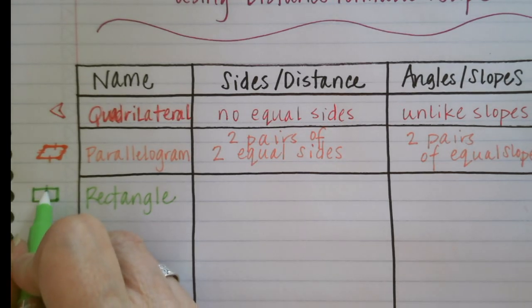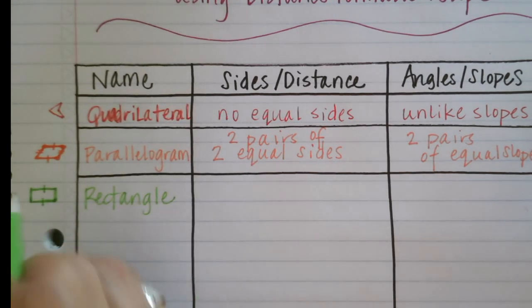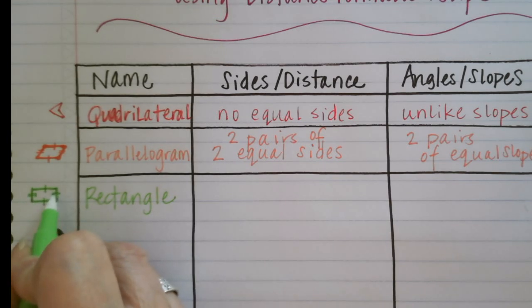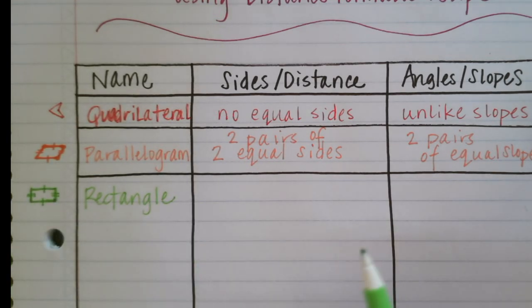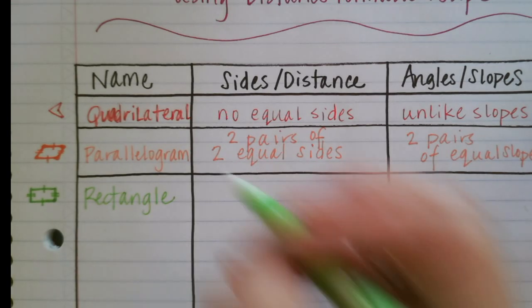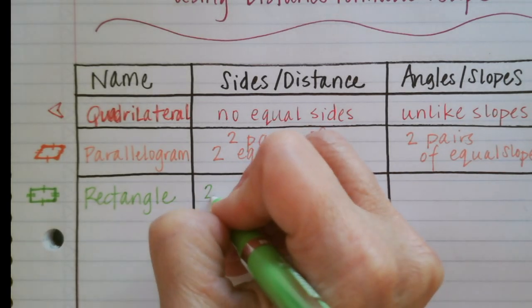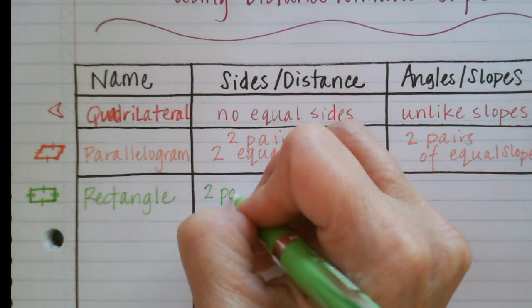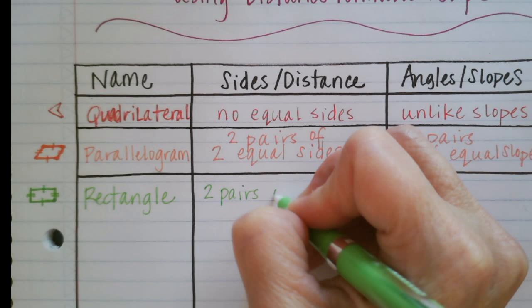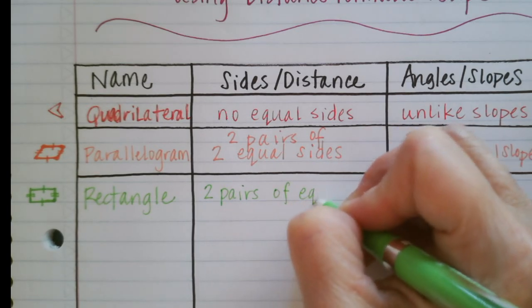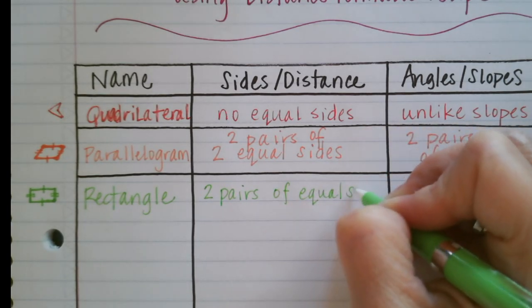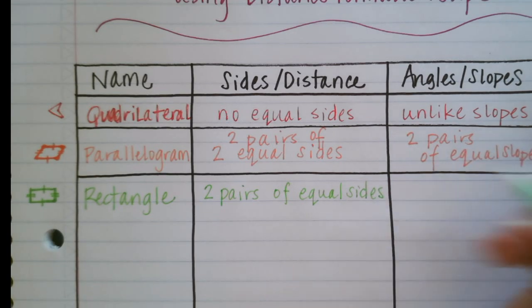Well, we know that the top and the bottom are the same length, and the left side and the right side are the same length. So just like the parallelogram, we're going to have two pairs of equal sides. And I really probably should be using the word congruent instead of equal.